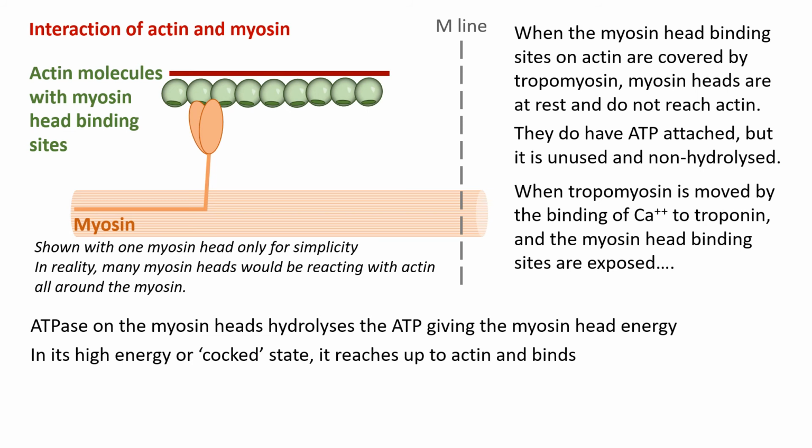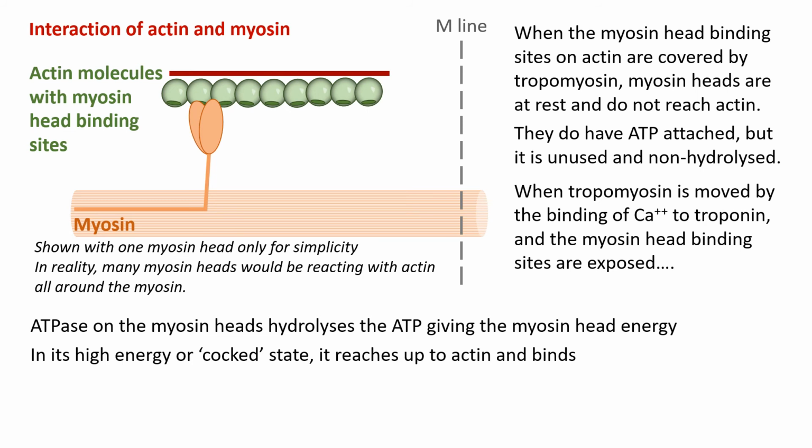It can reach actin. So it goes from floppy, couch potato mode up to fully alert, high energy, often called cocked. In this state, it can reach up to actin, and because the myosin head binding sites are exposed, it binds to them.